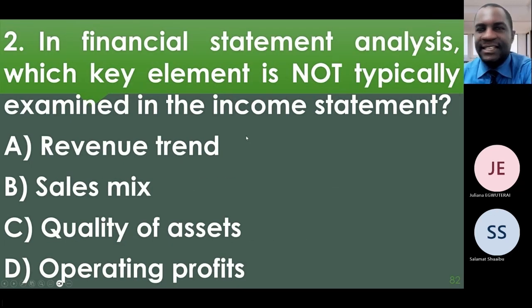In financial statement analysis, which key element is not typically examined in the income statement? A, revenue trend. B, sales mix. C, quality of assets. D, operating profit. Not typically. J, final answer C. S, what's your answer?